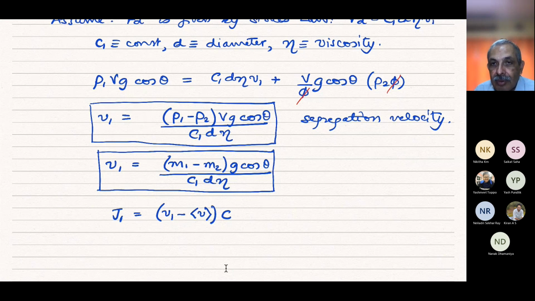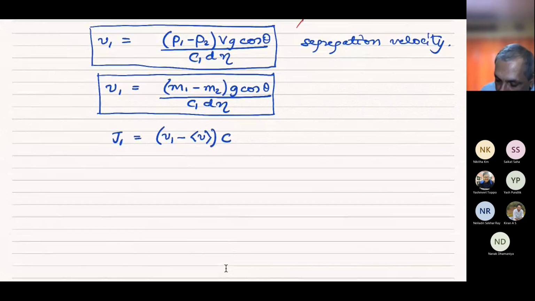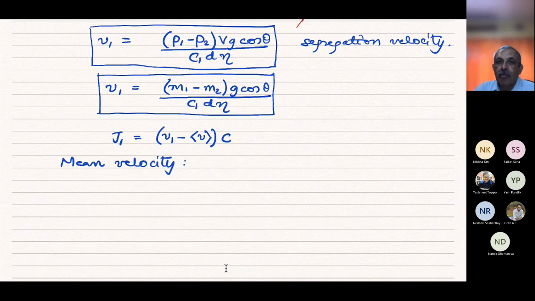And if you look at what this mean velocity is, this is just going to be equal to V1 times the concentration of, so let me write this down, the mean velocity, that is, the average velocity in the system for both particles of type 1 and 2.